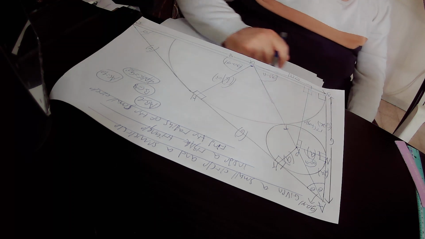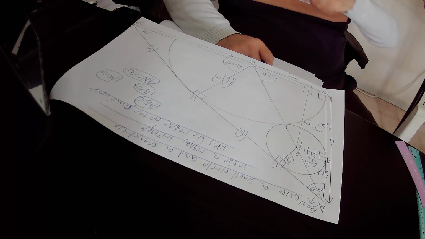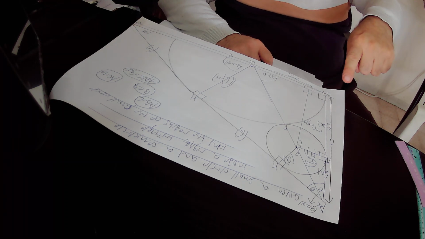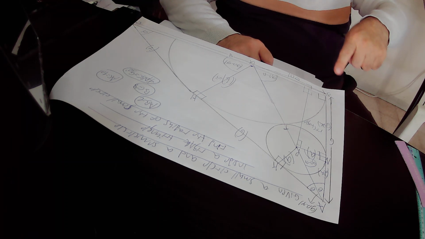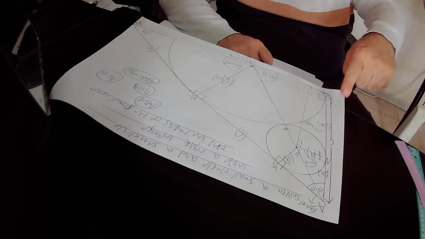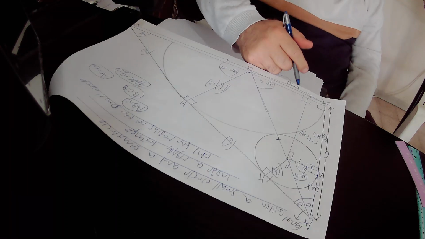But we also know that the opposite sides of a rectangle are equal to each other. So in rectangle NPLB, side NP must be equal to side BL. But NP is A, therefore BL must also be equal to A.